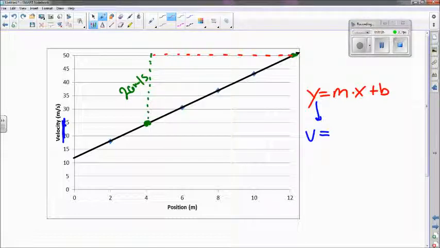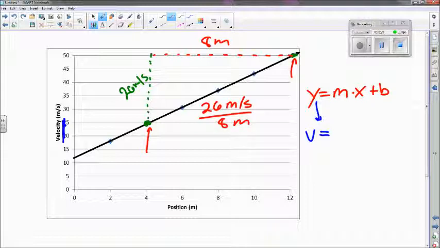Horizontal axis, I drew this first dot here at 4 meters. I drew the second dot at 12 meters. So in the horizontal axis, we have a change of 8 meters. So to find my slope here, I'm going to take 26 meters per second and divide it by 8 meters.